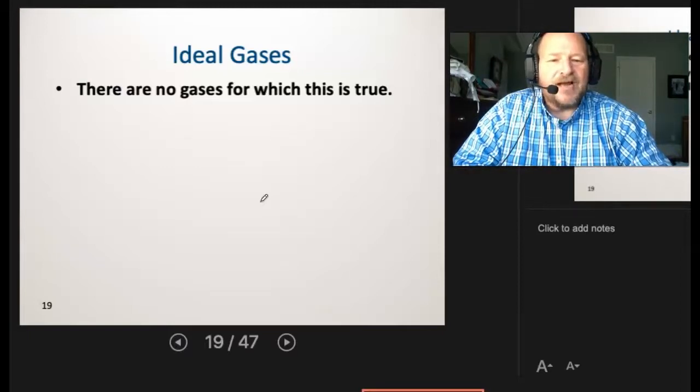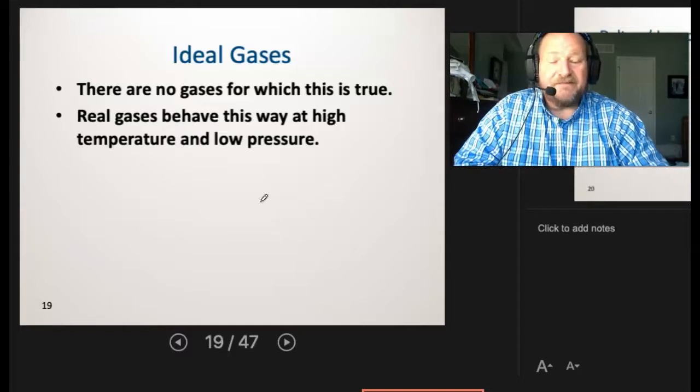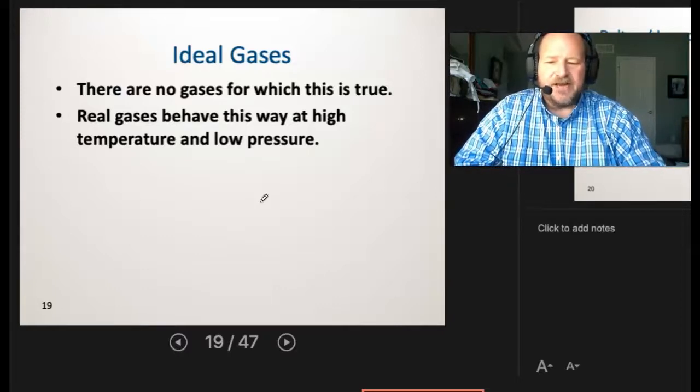None. So no gas on the face of the earth behaves ideally on its own, right? No way. Real gases, however, can be forced to behave ideally at high temperature and low pressure. All right. So again, we're going to assume that all these gases are behaving ideally. And the reason why we're going to do that is it's going to make our math easier to handle.